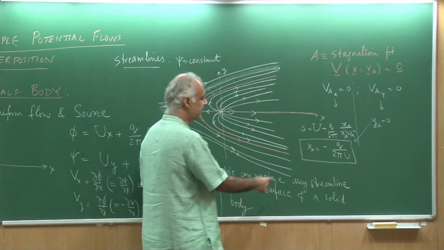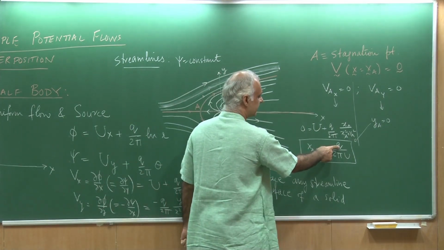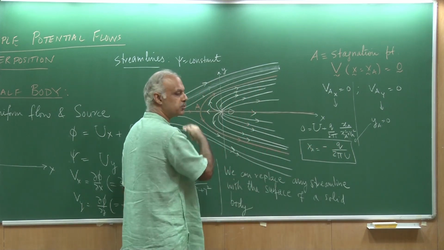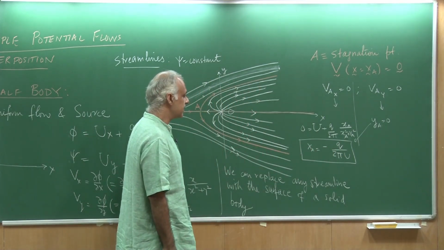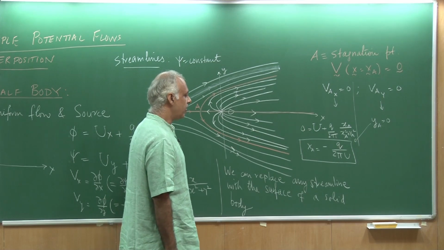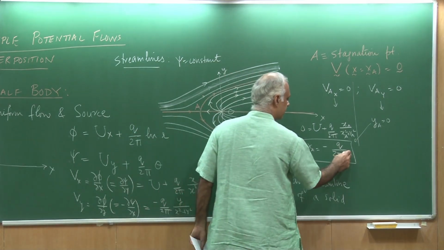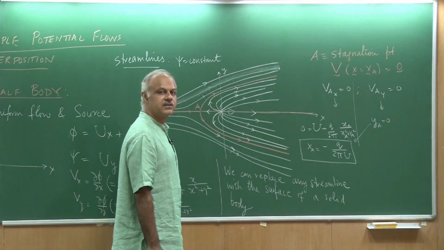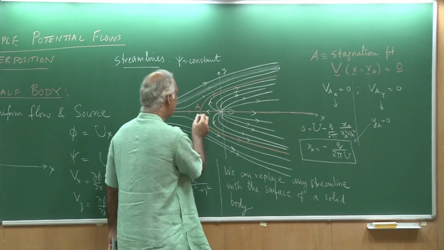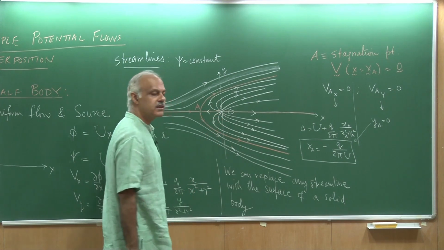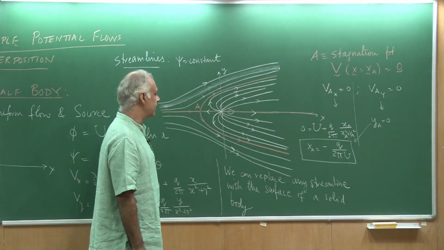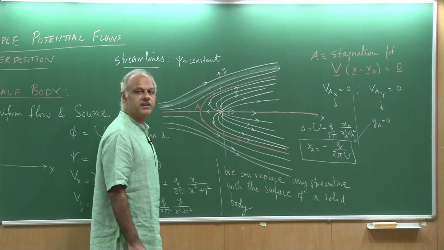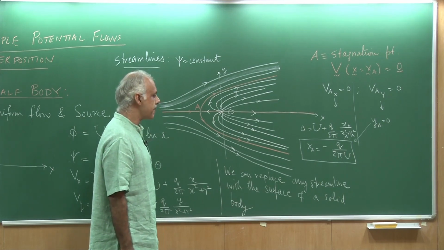It is very clear that if I had a source of high strength, then x_a would get pushed a little bit more to the left. On the other hand, if I had a much larger uniform flow U, then that would try to push the stagnation point closer to the origin. So that is the competing effect that q and capital U have on each other.